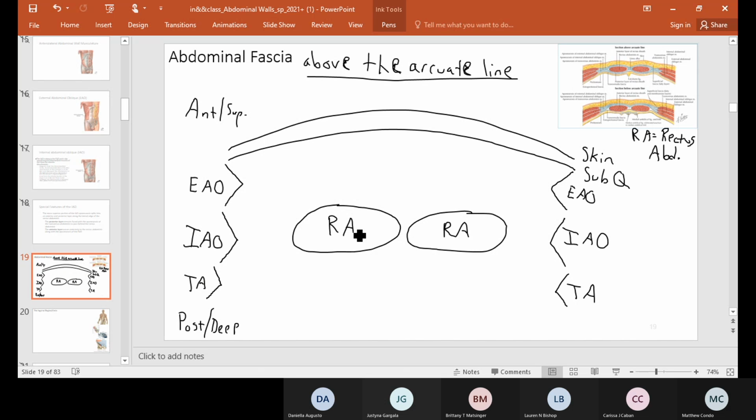The fascia from EAO, remember, is going to blend in with the linea alba. So if I draw a dotted line here to represent the linea alba, EAO is going to stay superficial to rectus abdominis. It's going to stay there.